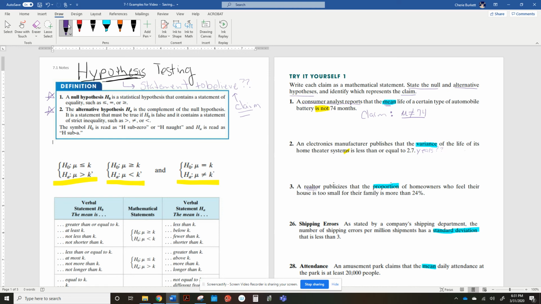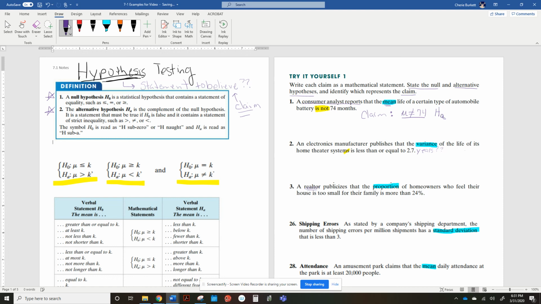Now we label it as either the null hypothesis or the alternative hypothesis, and that's based on whether or not it contains equality. Not equal does not contain equality. It's in this list right here. So that means this statement is going to be considered the alternative hypothesis, and the way we write it is a capital H with a little subscript A.